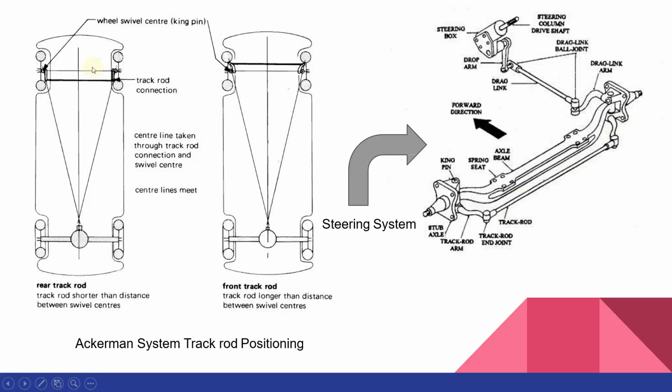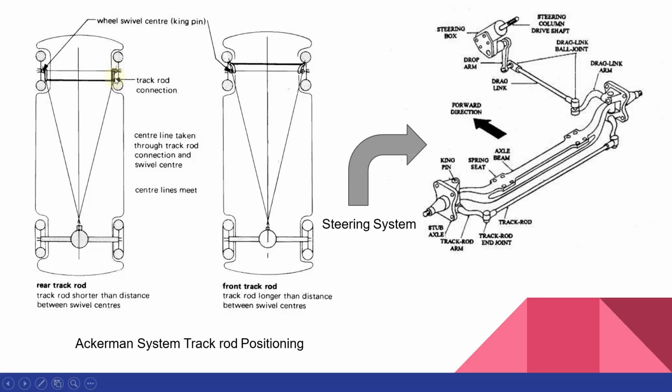That means this is the arrangement where we have the kingpin shown here, and the track rod is at the back side. In this case, if we draw imaginary lines starting from the center of the kingpin, the line should pass through the track rod end joint, which is shown here.